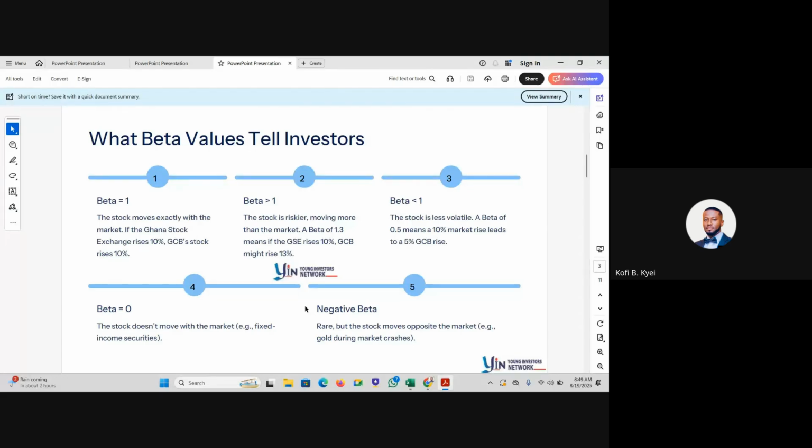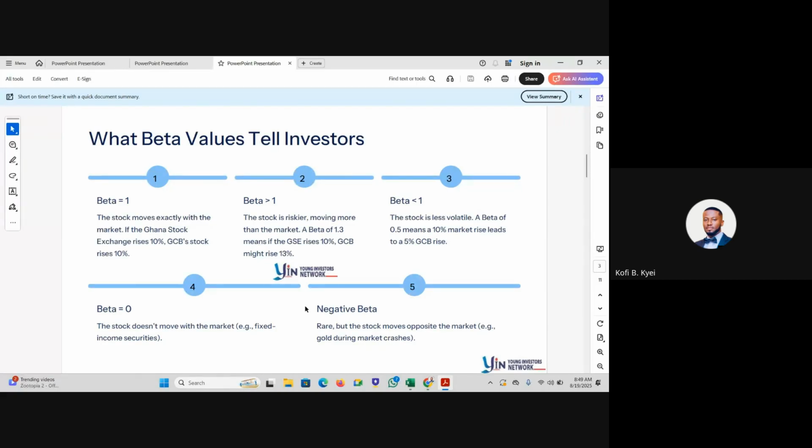If the beta is less than 1, that means it's less volatile. So I don't know whether you mean less than 1 or a little higher than 1. There's none equal to 0, because that applies just to fixed income securities. Negative beta is rare. So I don't know which aspect of this you want to place your question.